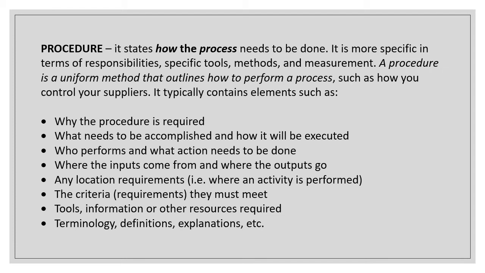A procedure is a uniform method that outlines how to perform a process, such as how you control your suppliers, and typically contains elements such as why the procedure is required, what needs to be accomplished, and how it will be executed, who performs, and what action needs to be done, where the inputs come from and where the outputs go, any location requirements, the criteria that must be met, tools, information, or other resources required, and terminology, definitions, explanations, and others.